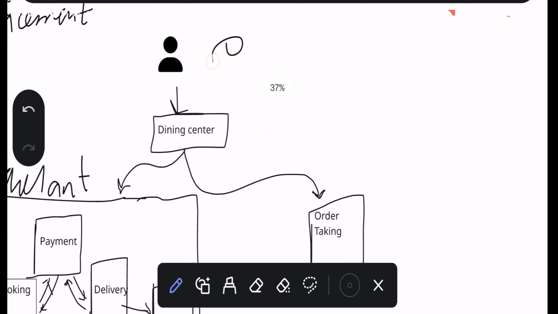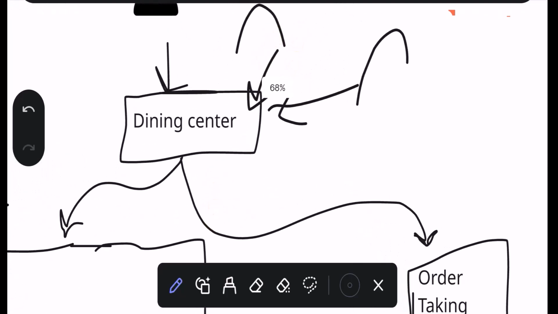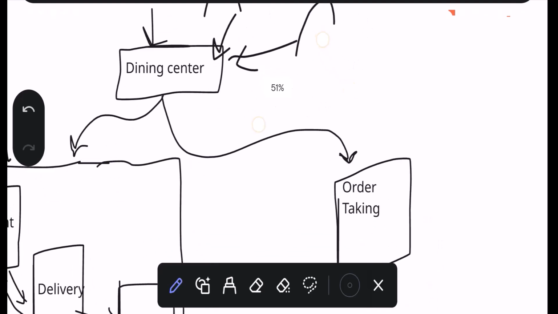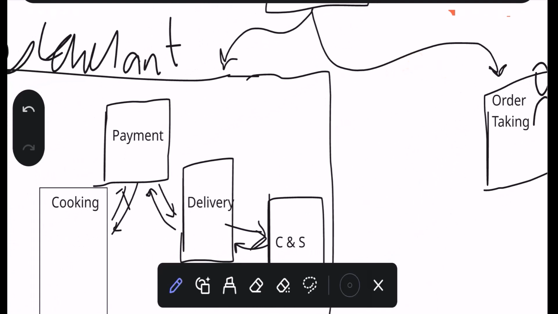Our users will come to the dining center, and this dining center will direct these users either to order taking or to different scenarios like delivery.